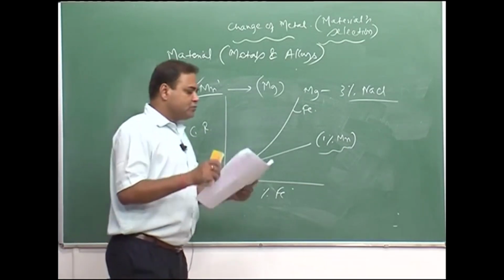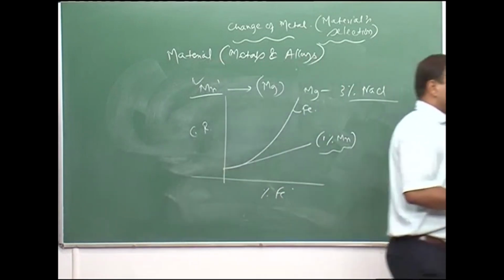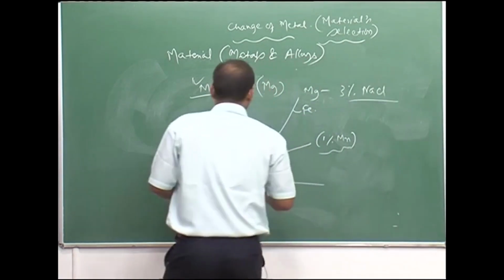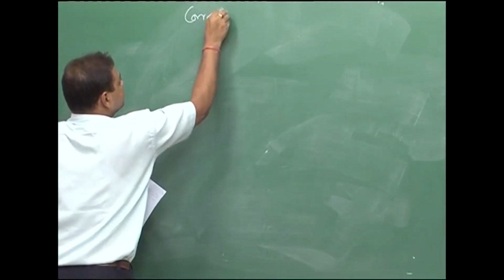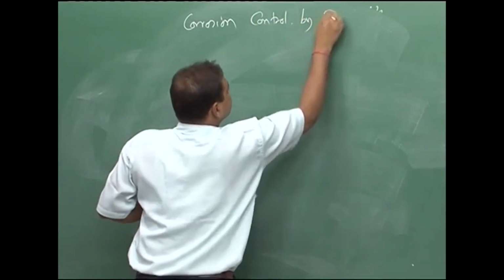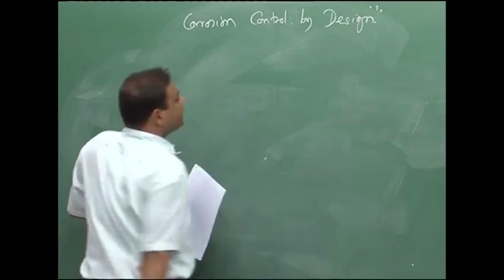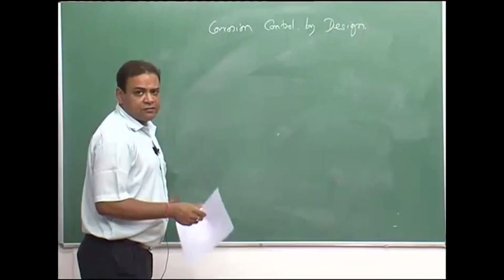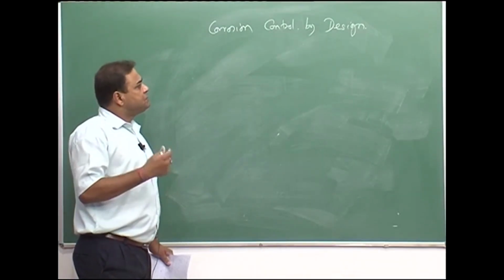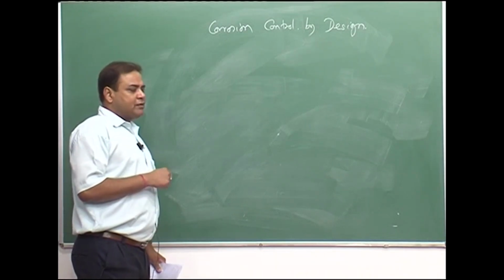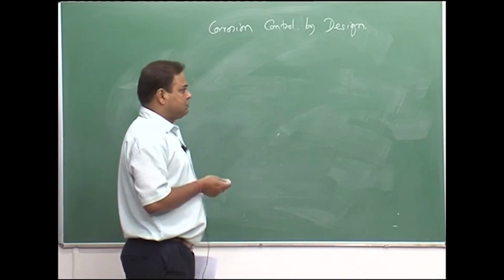Now, let me get into another way by which we can control the corrosion or prevent the corrosion, that is basically corrosion control by design. In many cases, without changing the material, by simply changing the mechanical design of the material, we can avoid a lot of corrosion related effects.